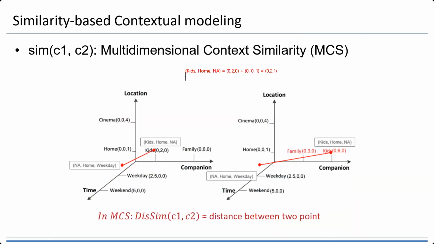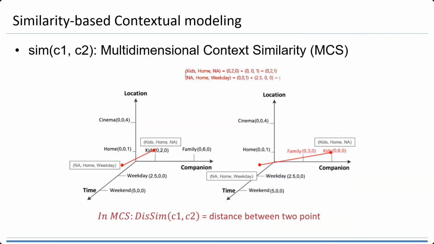For example, if we have another NA home weekday, then we have a value of home, it is 0, 0, 1 plus weekday 2.5, 0, 0.